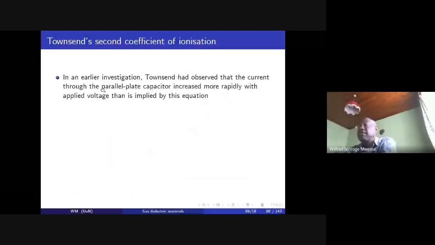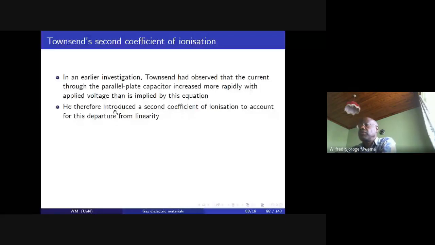So in the earlier investigation, Townsend had observed that the current through the parallel plate capacitor increased more rapidly than the applied voltage, as implied by the equation. And therefore the second coefficient of ionization was introduced to account for positive ion bombardment and photon ionization of the gas and the cathode.